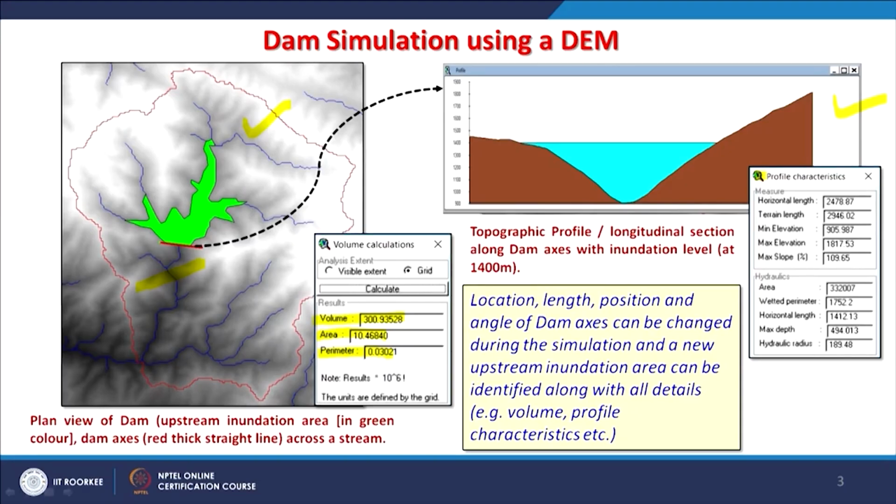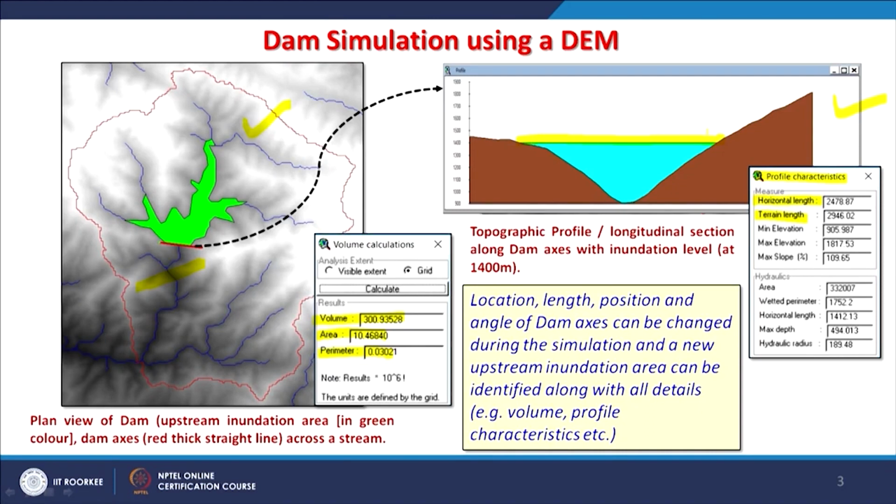Now, about this profile, the topographic profile which you are seeing, many parameters can also be derived here. Important points are the horizontal distance and the terrain length. Horizontal distance is this length, which is the top of the water surface. Of course, it is in 2D.